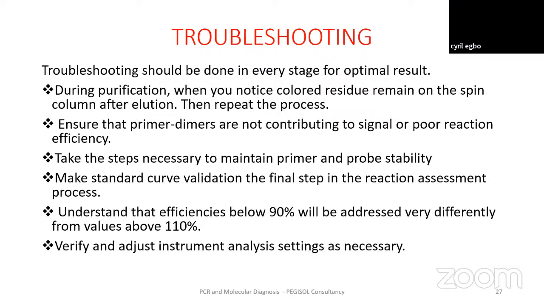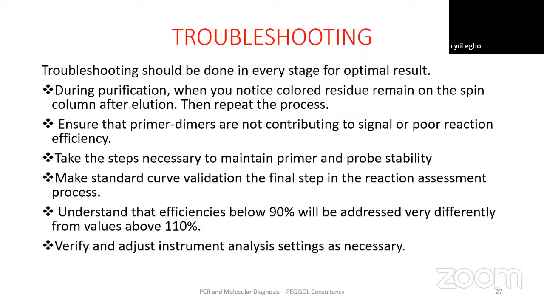Then you should understand that an efficiency below 90 will be addressed differently from an efficiency above, for instance, 110. So you verify this setting, for instance, the programming of your instrument.